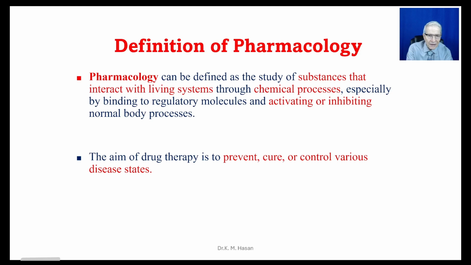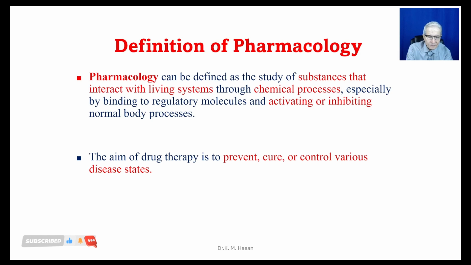An important example is diabetes: we prescribe, for example, metformin to control blood sugar. We don't currently have a cure for diabetes, but we prescribe metformin to control it. We also prescribe Ozempic, or semaglutide, to treat or control diabetes.